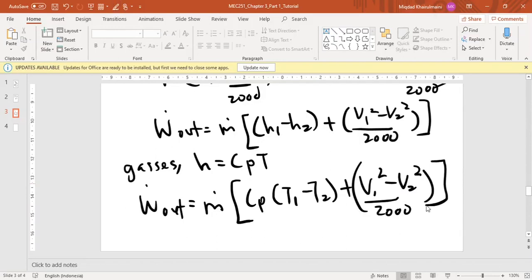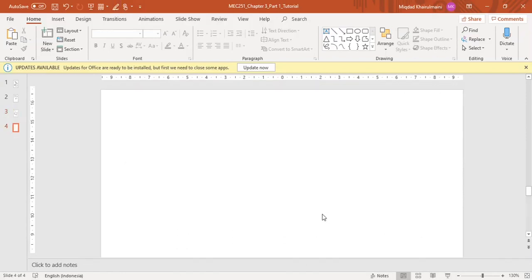So this is the equation. Actually we can solve it already because we have the mass flow rate, Cp, T1, T2, and the velocity is given in the question. But we try to do it step by step.